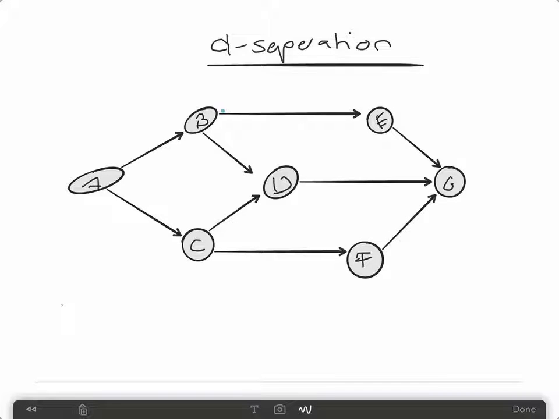Hi, in this video I want to talk shortly about the topic of d-separation. A Bayesian graph tells us how different variables relate to one another.